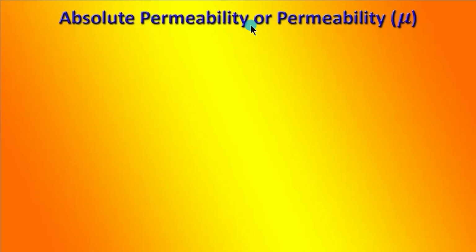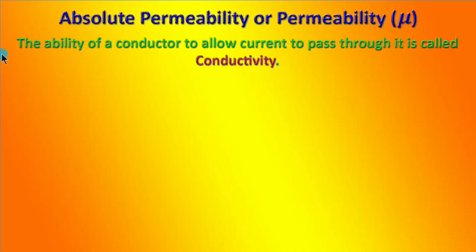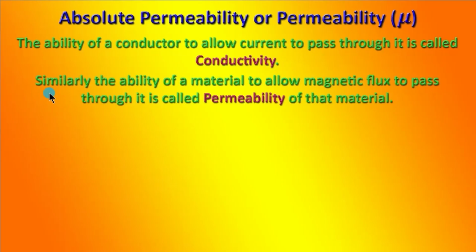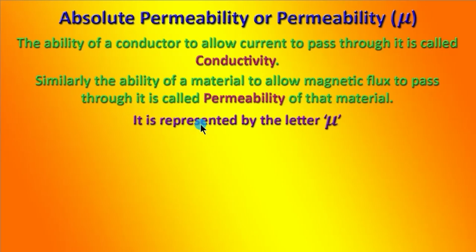Absolute permeability or permeability. In electricity, the ability of a conductor to allow current to pass through it is called conductivity. Similarly, in magnetism, the ability of a material to allow magnetic flux to pass through it is called permeability of that material. It is represented by the letter mu.